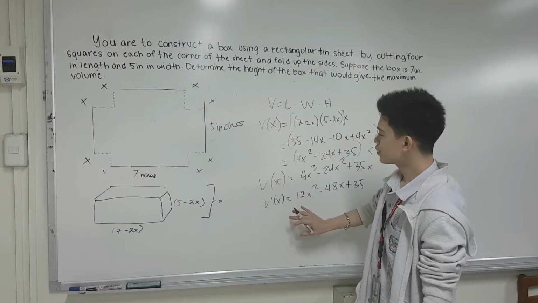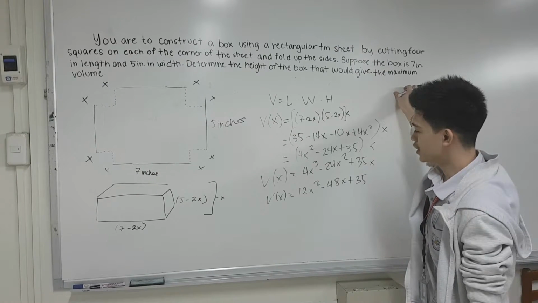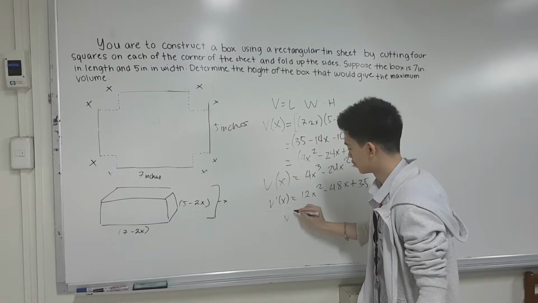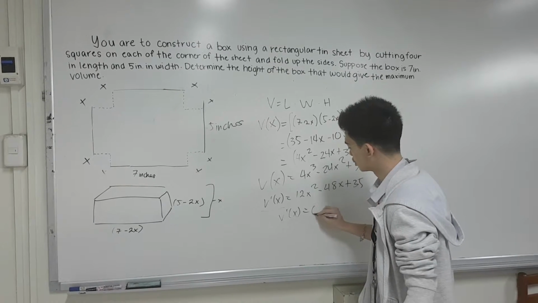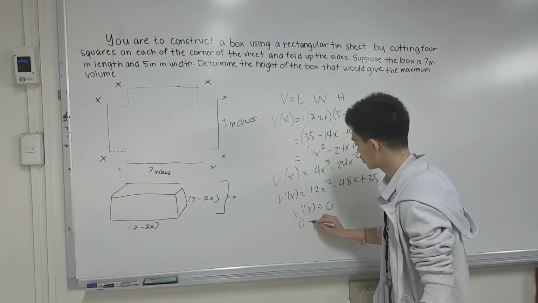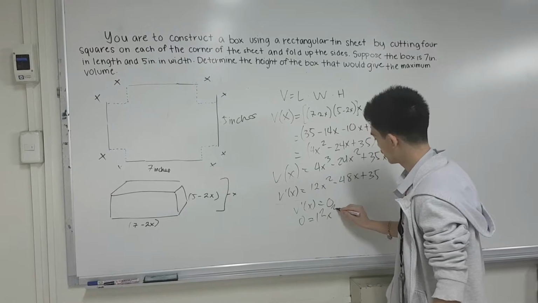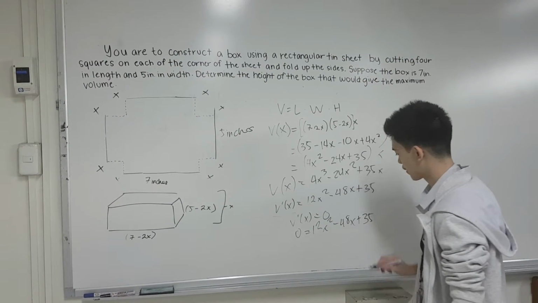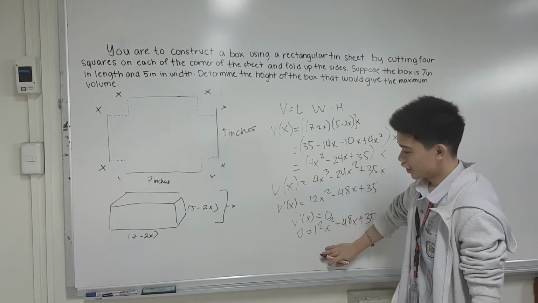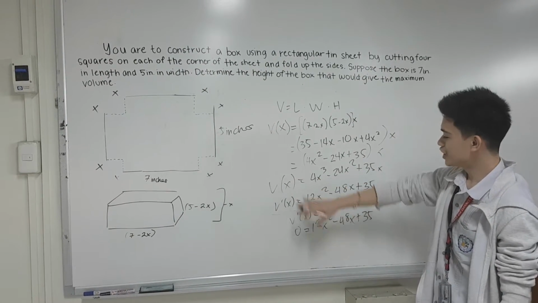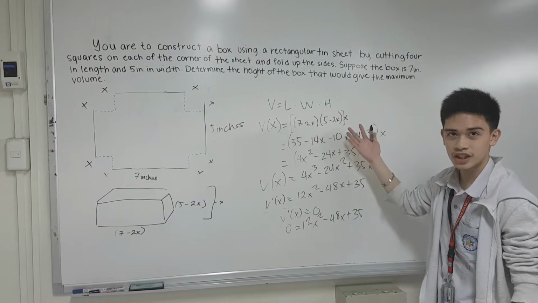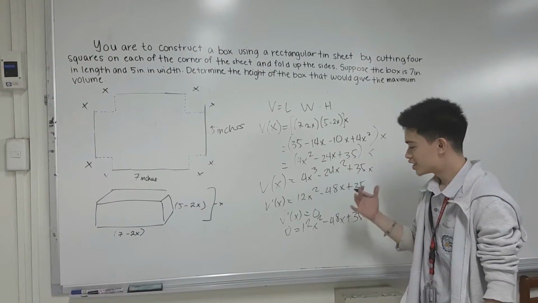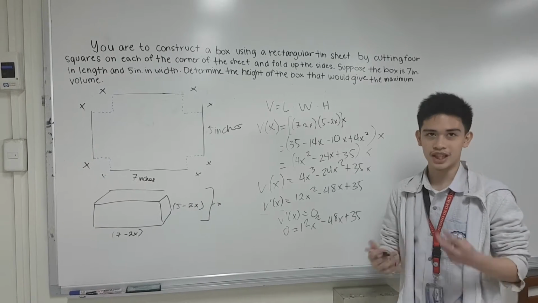Now, in order to find the maximum height, we have to equate V prime of x to 0. Hence, this becomes 0 equals 12x squared minus 48x plus 35. Since we cannot simplify it any further or break it down, we can make use of the quadratic formula.